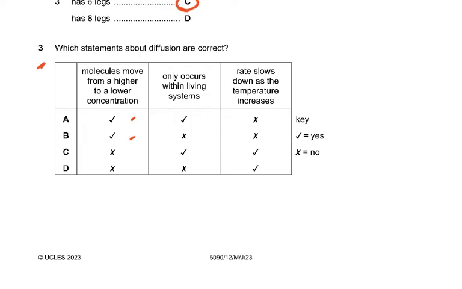No, as the temperature increases, the kinetic energy increases. So the rate of diffusion increases. So that is why the answer is B. It says rate slows down as temperature increases. That's wrong. That's incorrect. In fact, as you increase the temperature, more the kinetic energy, more the rate of diffusion. Got it? So you've got to understand that.